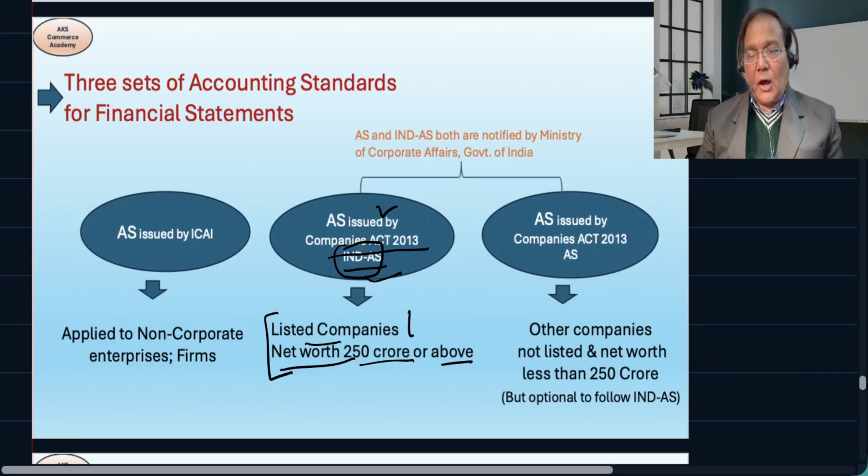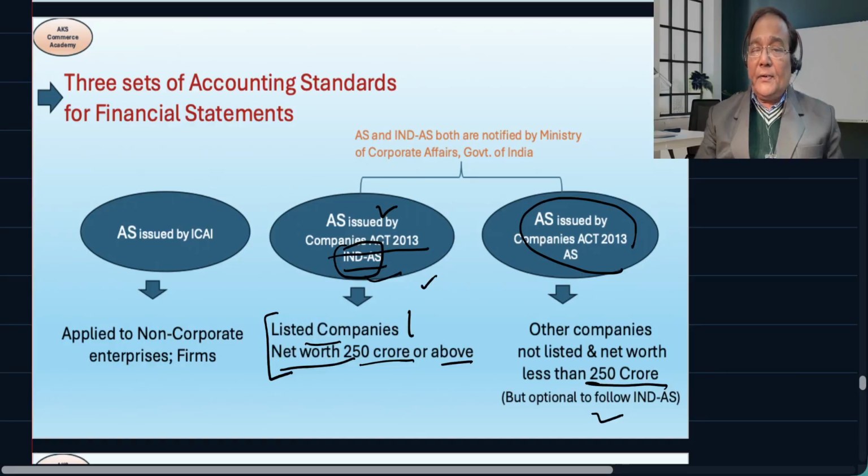Now there is a third one. AS issued under the Companies Act 2013, which is also named AS. This is for other companies, not listed and with net worth less than 250 crore, but it is optional for them to follow Ind-AS. They have the option to follow it. Yet if they do not follow it, they only follow the other standard, which is also an accounting standard, but applicable for companies which are less than 250 crore.